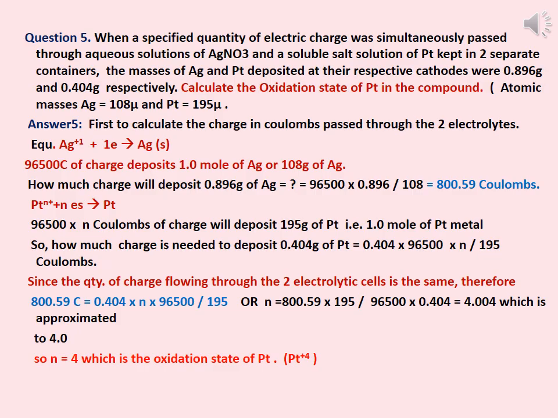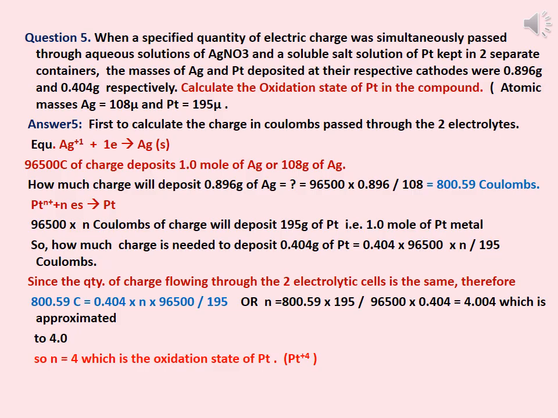Now, applying Faraday's second law, since the quantity of charge flowing through the two electrolyte cells is the same, equating it, we got the quantity of charge in the first case as 800.59 coulombs, and in the second case it is 0.404 into 96,500 into N divided by 195.